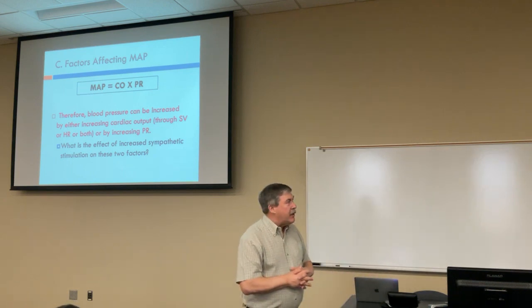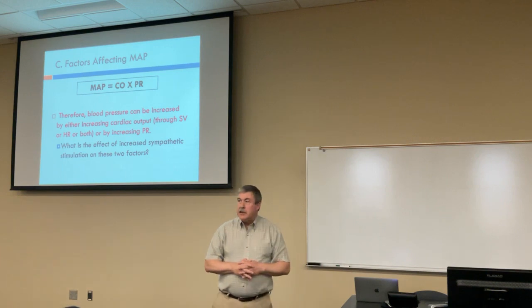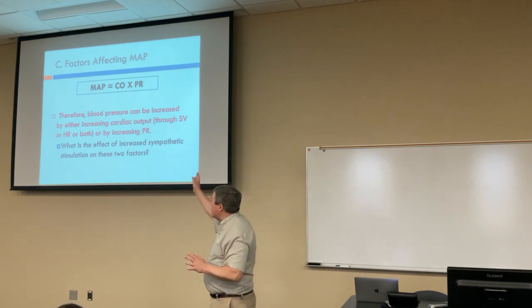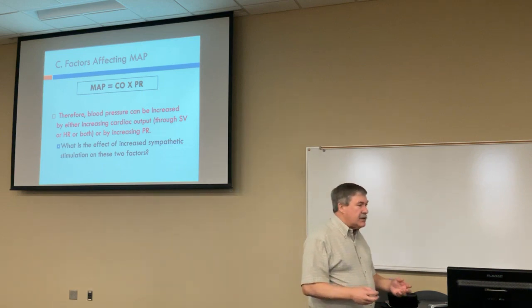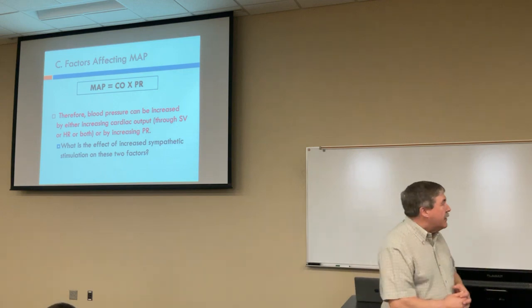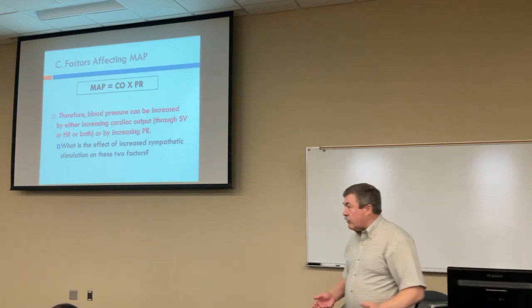Mean arterial pressure is equal to cardiac output times peripheral resistance. Now, the reason that this relationship is important to remember is because that will remind you of the two factors that affect mean arterial pressure, which is the average pressure over time.